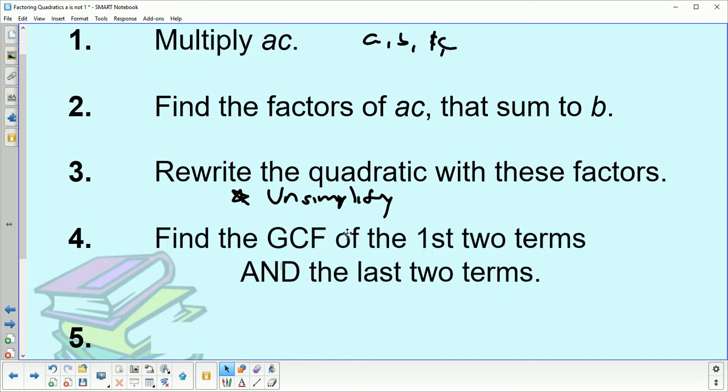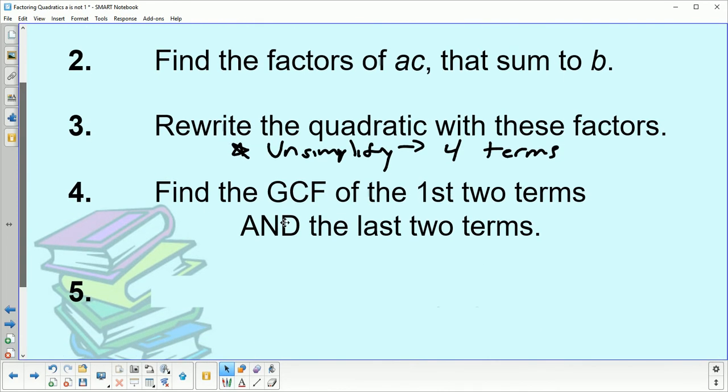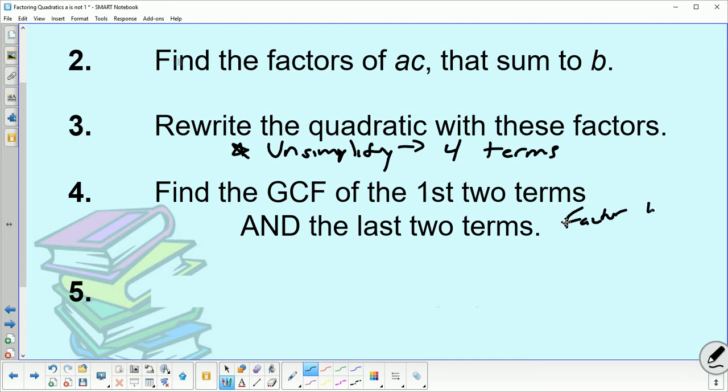Okay, after we've unsimplified, maybe want to add here that we'll have 4 terms instead of the 3 terms of our trinomials. And we'll find the greatest common factor of the first 2 terms and the greatest common factor of the last 2 terms. So this step is called factor by grouping. Okay, factor by grouping.